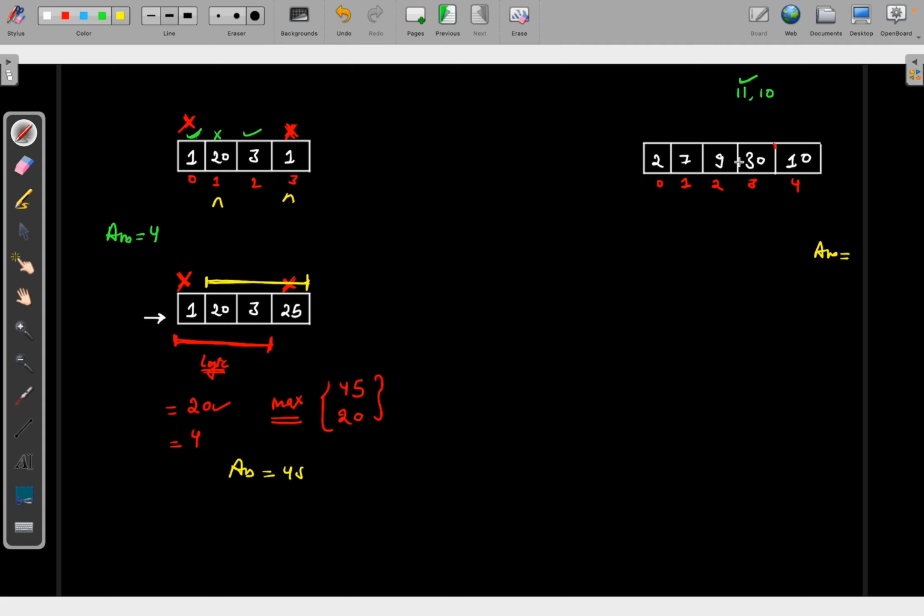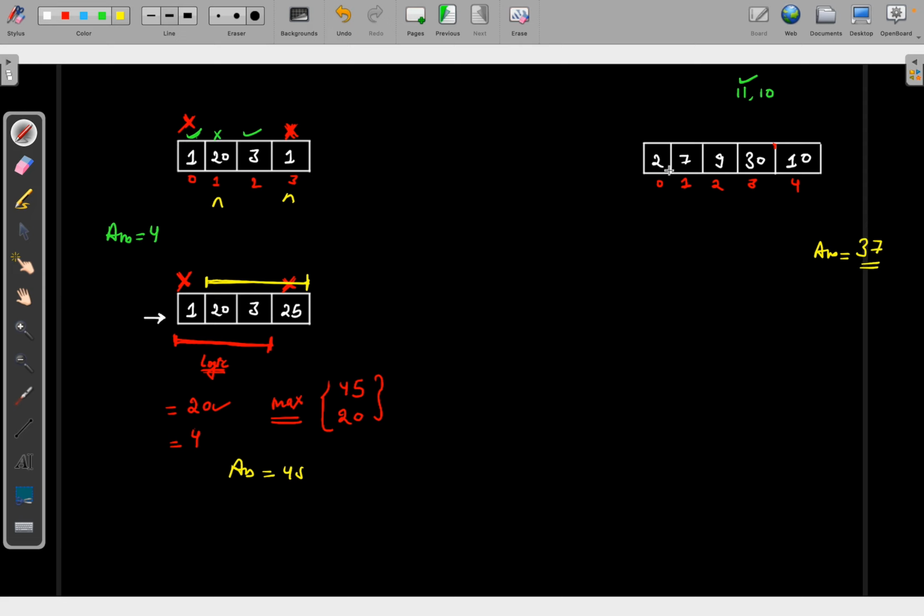That will be 30 plus 7, 37, I guess. And if you take this path, it will be 10 plus 9, 19, and you can't take 2. Even if you are taking 2 plus 30, that will be 30. So here we are getting 37.